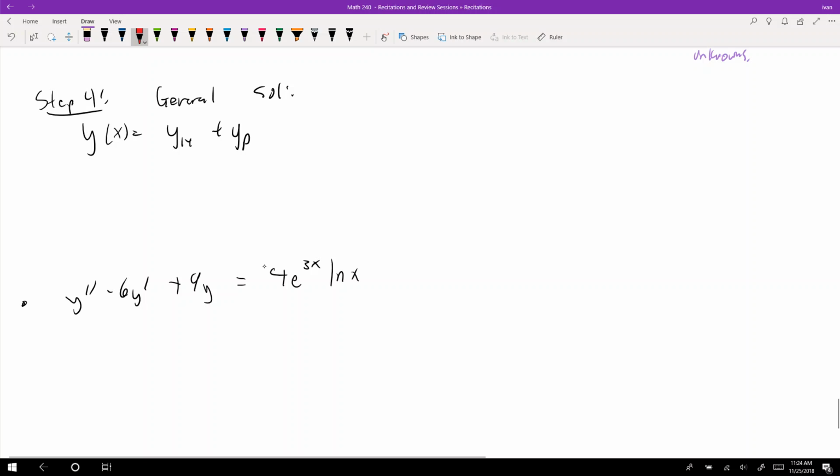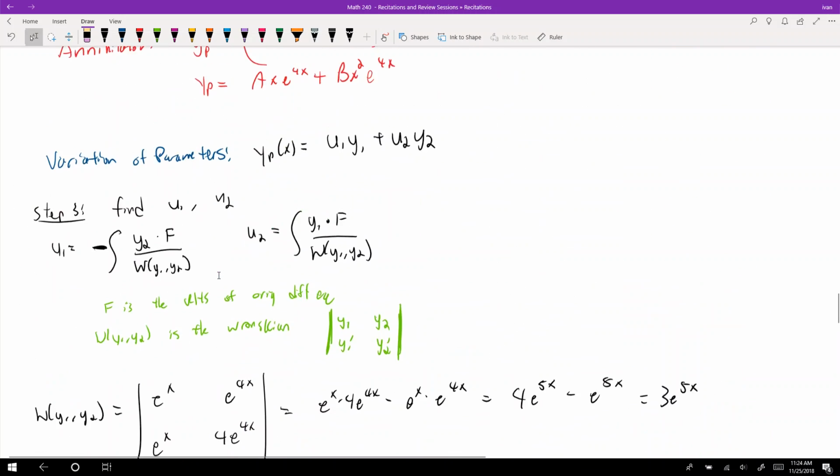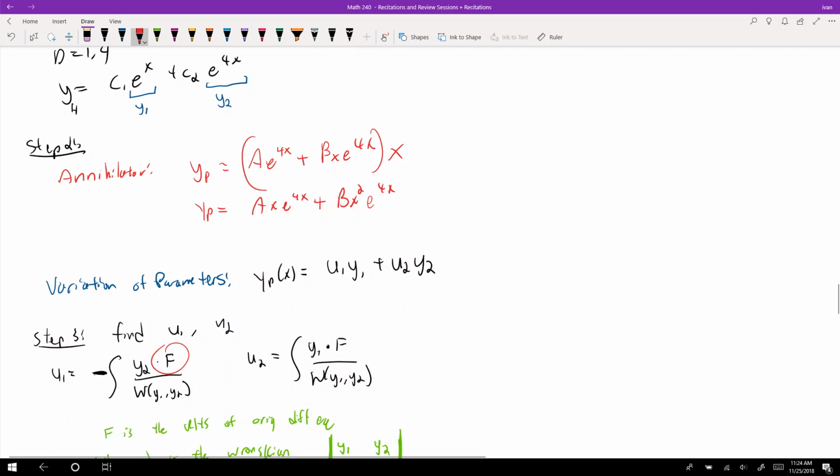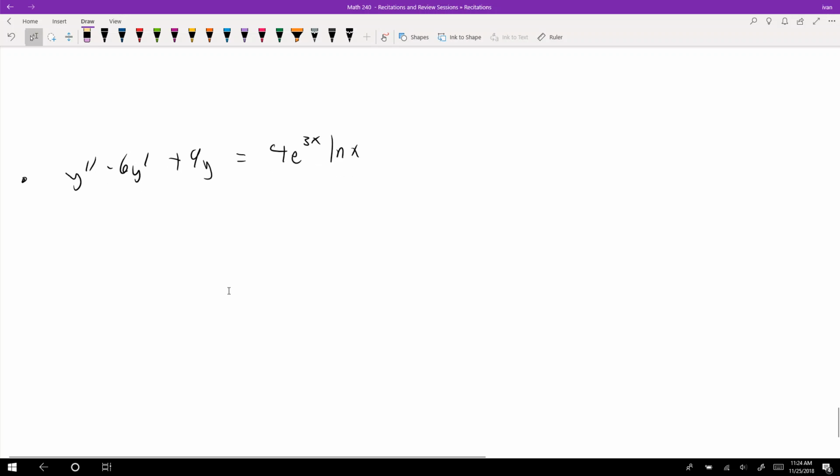However, in variation of parameters, notice how we solve for u1 and u2: we integrate the right-hand side. It doesn't matter if the right-hand side has an ln inside of it, you can always integrate natural log. So variation of parameters is very strong: whatever your right-hand side is, as long as you can integrate it, you can get the differential equation solution.